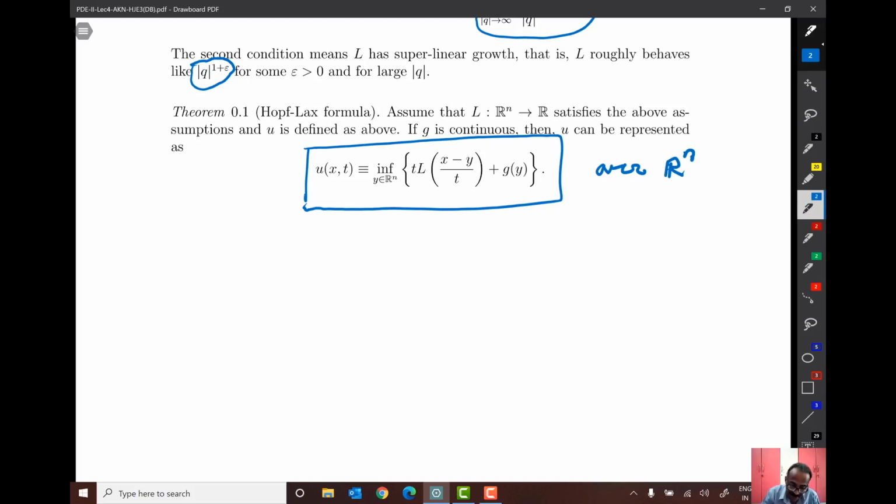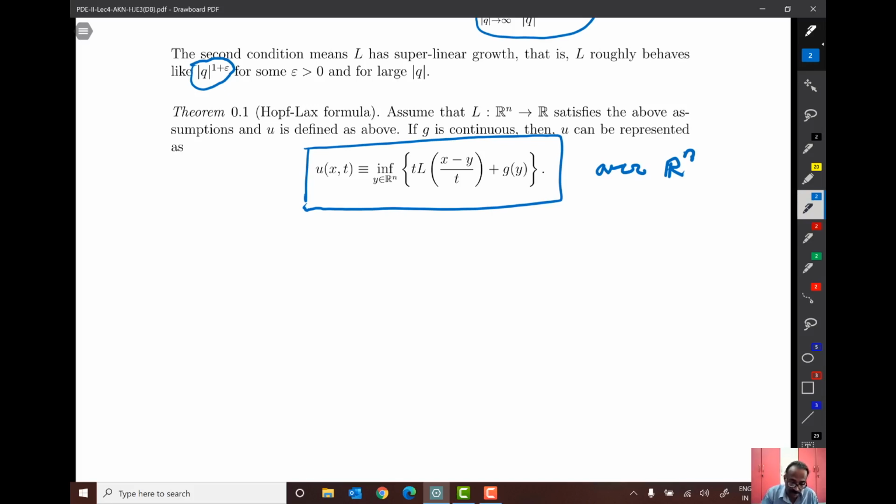We started with a minimization over trajectories and converted it into what we call a Euclidean minimization. That's a kind of finite dimensional minimization. The minimization over trajectories is an infinite dimensional minimization.